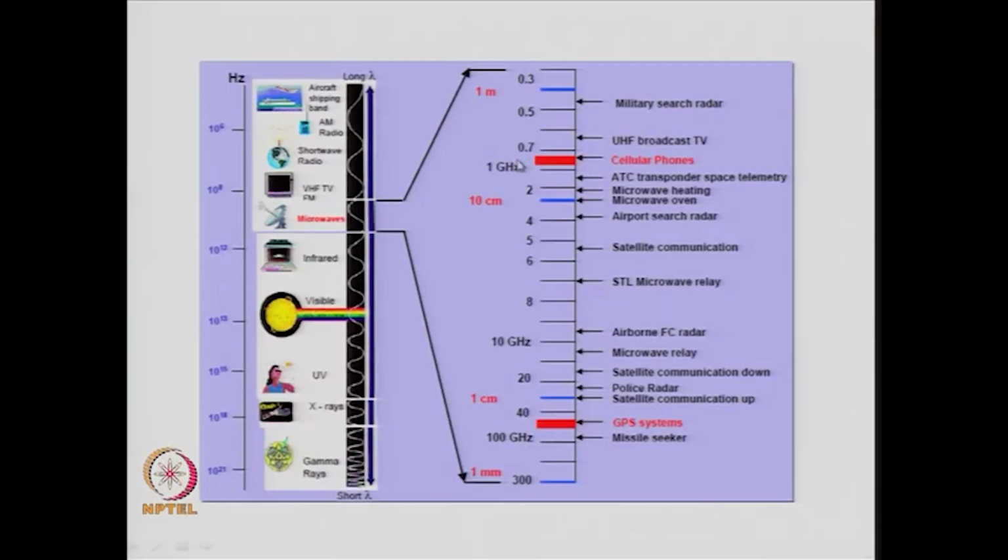So, these are all different frequencies, as you can see. A frequency of 1 gigahertz is here, at which cellular phones are working. Then you have increasing amounts of frequency: 1 gigahertz to 10 gigahertz to 100 gigahertz, and this is the range where mostly defense works, where you have missiles and all.